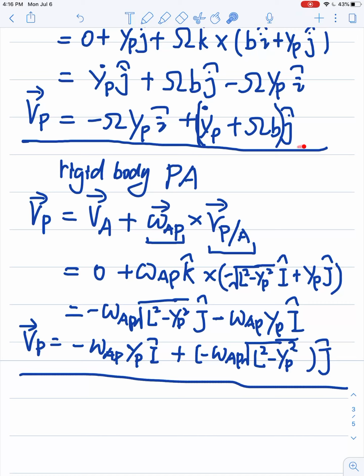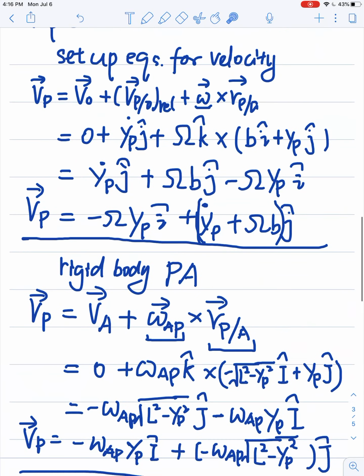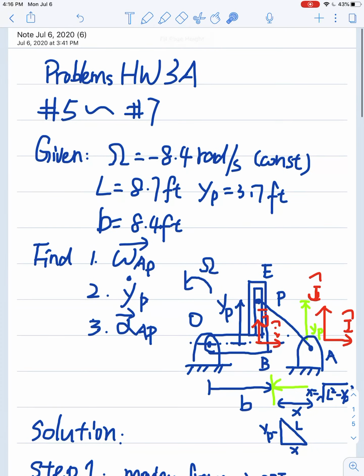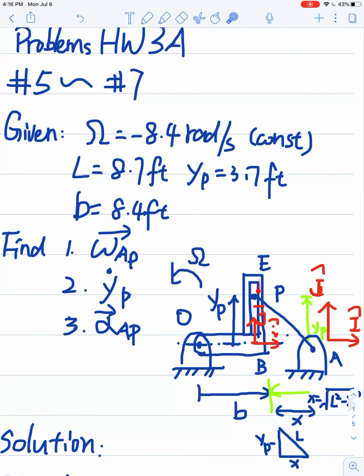Because here we use small i, small j and big I, big J, they're inside of different coordinate systems. One is inside of the moving frame, small i, small j, and big I, big J is in the fixed frame. Fortunately, at this moment, both the small i and big I, and the j's, are in the same direction. So we can see these two coordinate systems are the same, interchangeable at this moment.